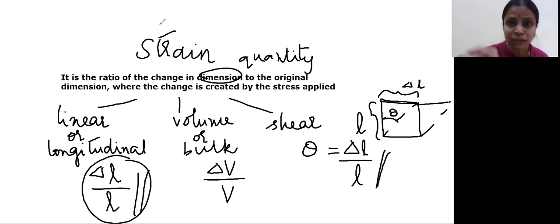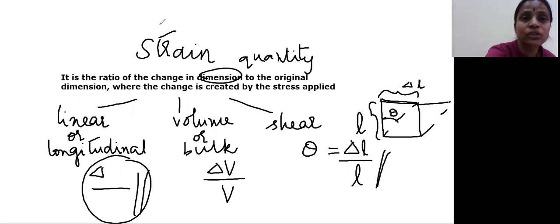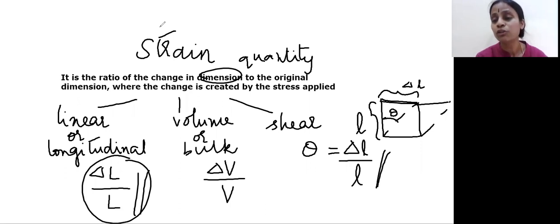If the alphabets are going to be of any confusion to you, then you can write your longitudinal strain with a capital L, while your shear strain and stress, you can keep with a cursive L. So these are the three different kinds of strain. Please understand there is no unit, because it is a ratio of the change to the original dimension.